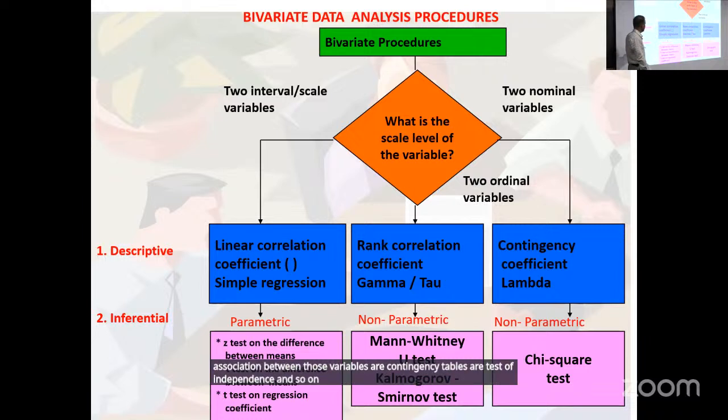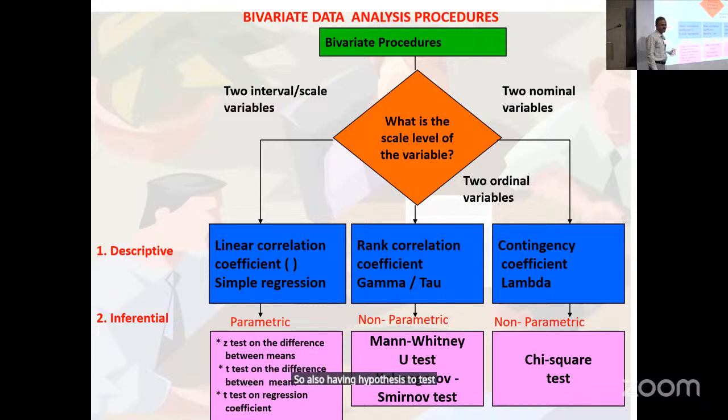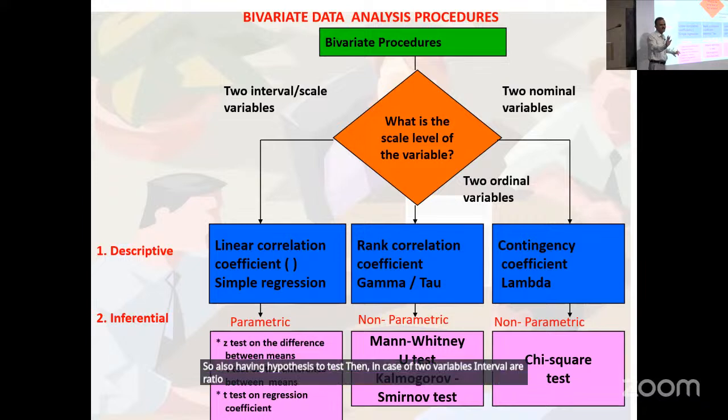And if our purpose is not only to measure this type of relationship among the two variables irrespective of their nature, but also to test a hypothesis, then in case of two interval or ratio scale variables, there is no change in the test. Earlier in single variable, we had Z and T test. Here also we have Z and T test.